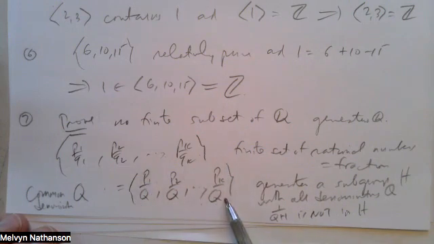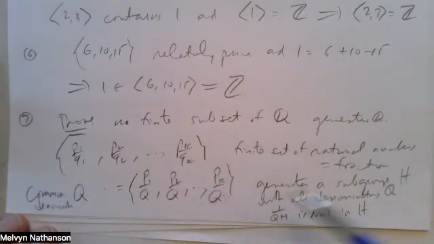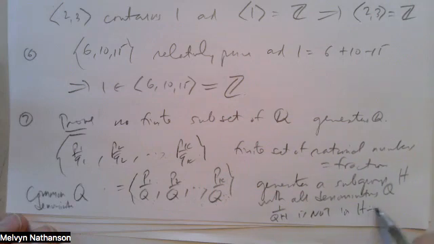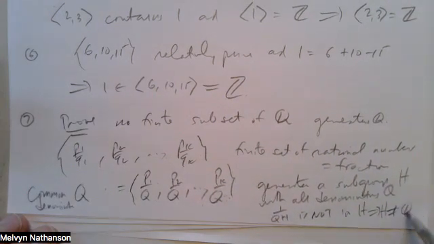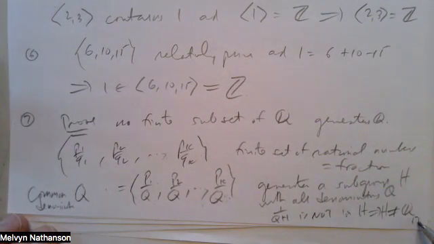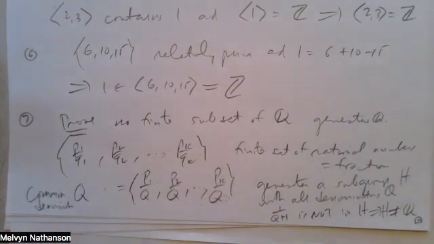The subgroup they generate is going to be a set of fractions with the same denominator Q. So for example, the fraction 1 over Q plus 1 can't be written as a fraction with denominator Q. So H is not all rational numbers. That's a proof. Again, you might have to think about this a little bit. But this is one way to prove this statement.